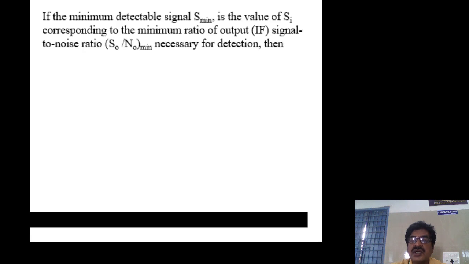With reference to S minimum, S minimum is the minimum detectable signal, and for that S0 by N0 should also be minimum.